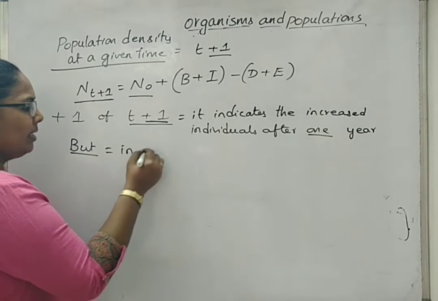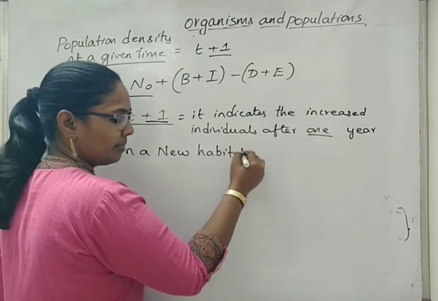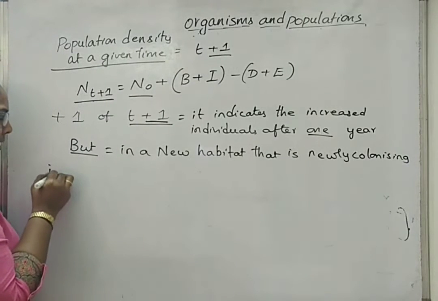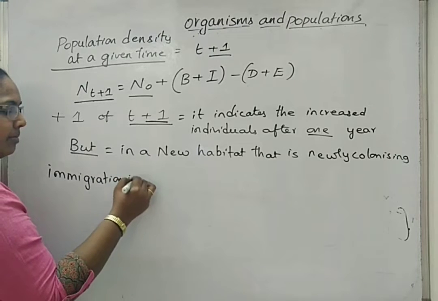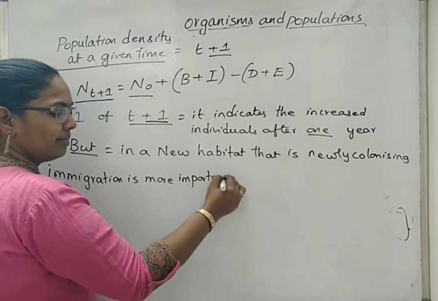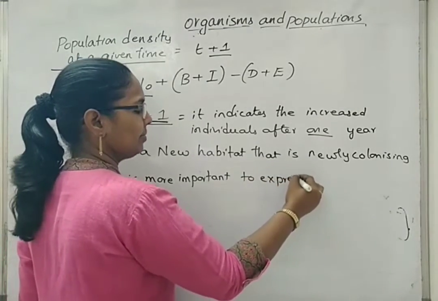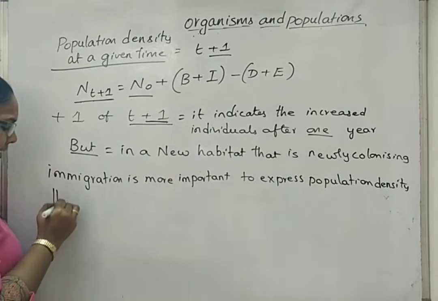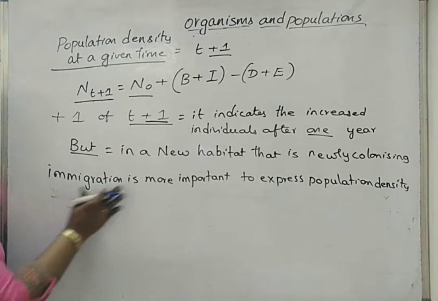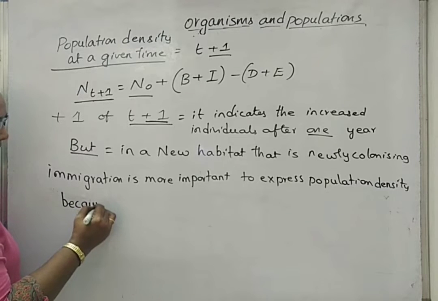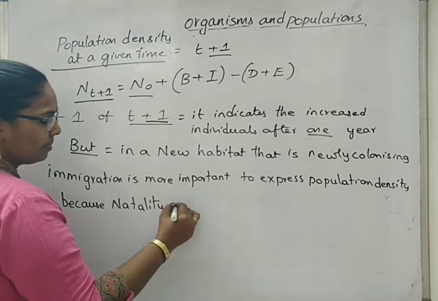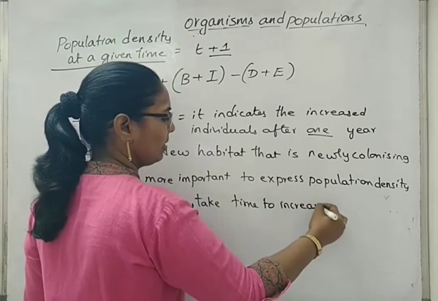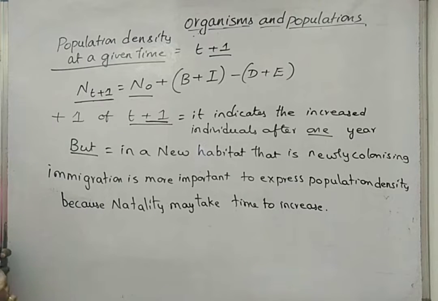So in a newly colonizing habitat, immigration is more important than natality to express population density, because natality may take time to increase. This is about population density at a given time period.